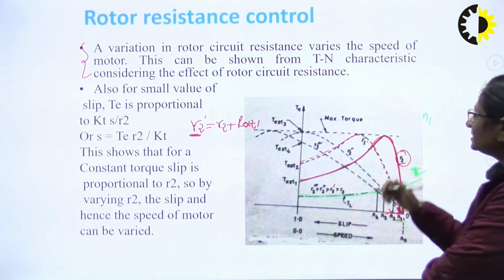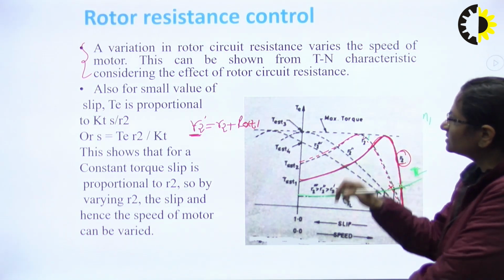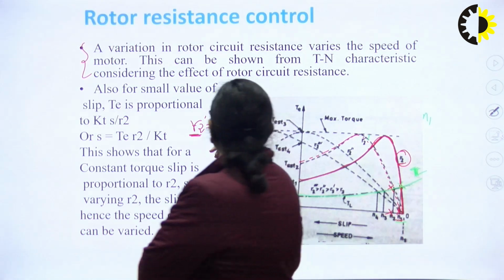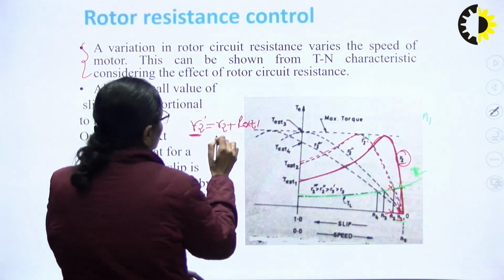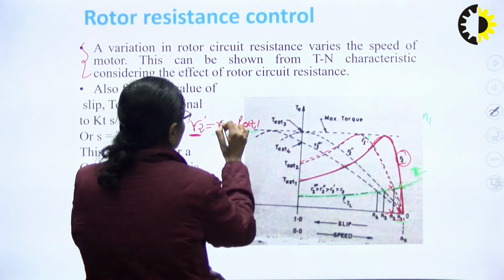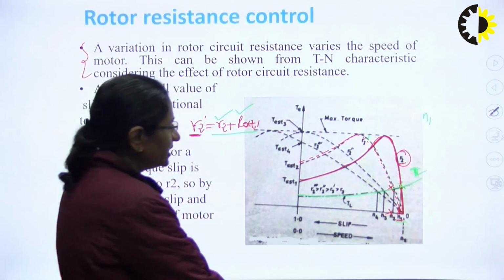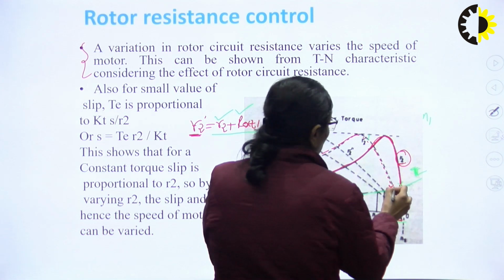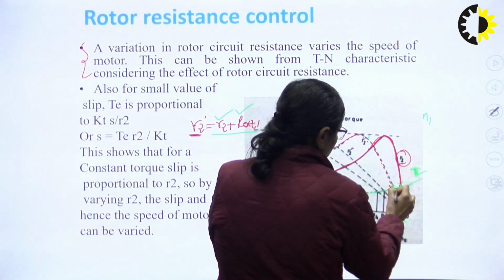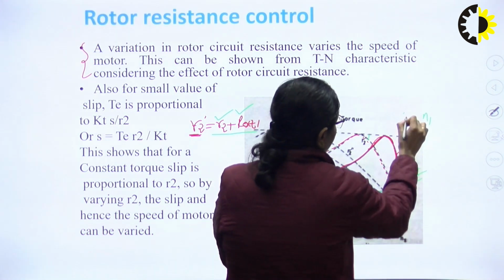With the rotor circuit resistance increased to a new value R2 dash, for example, where R2 dash is the summation of the rotor winding resistance and external resistance 1, the operating point so obtained is this one and the corresponding speed is N2.